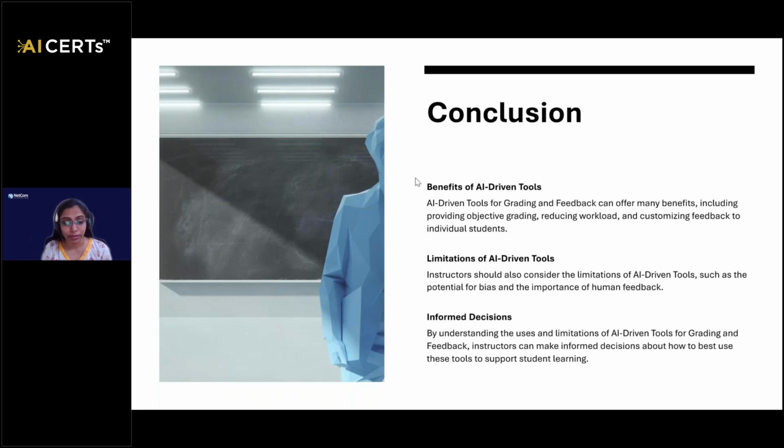So instructors should also consider the limitations we discussed in this presentation, and the major limitations are the potential for bias and the importance of human feedback and informed decisions. By understanding the uses and limitations of AI-driven tools for grading and feedback, instructors can make informed decisions about how to best use these tools to support student learning.